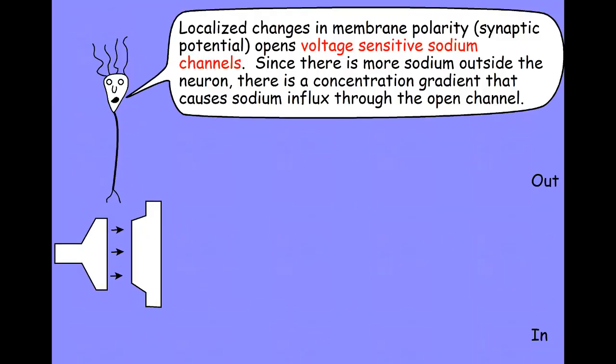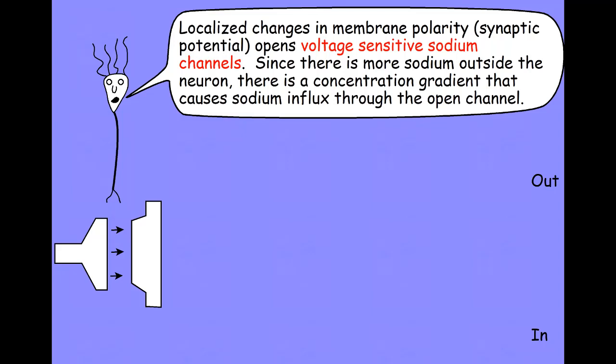So when we think about what happens here, we've got our presynaptic end bulb, our presynaptic membrane, our postsynaptic dendrite, our postsynaptic membrane. What happens then? Well, when we have those neurotransmitters diffusing into the synaptic cleft, binding with the binding sites on the postsynaptic dendritic membrane, that triggers a localized depolarization, which then affects these voltage-sensitive sodium channels.